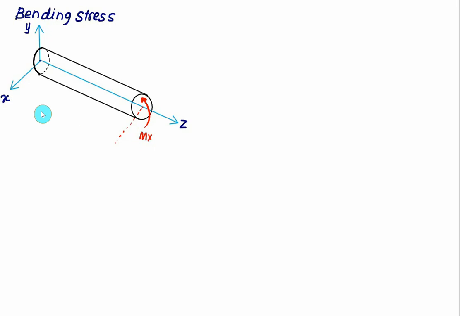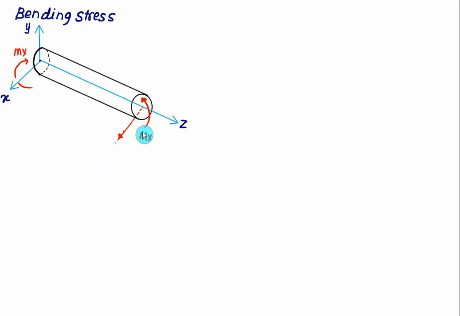There is a reactive moment about the same x axis, equal to Mx. We can represent the bending moment by using an arrow, or we can represent it by a vector. Since this vector is along the x axis, we show the vector acting along this line. This is also a representation of a moment in vector form.